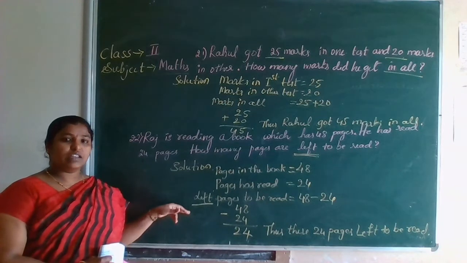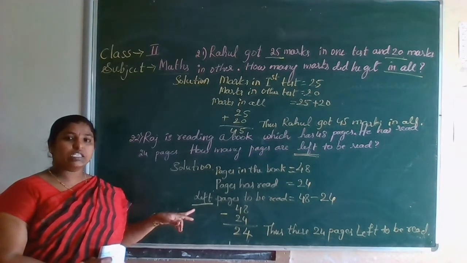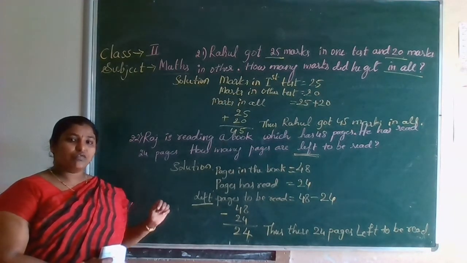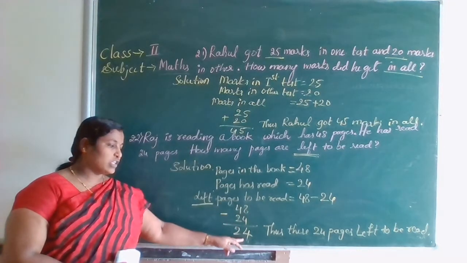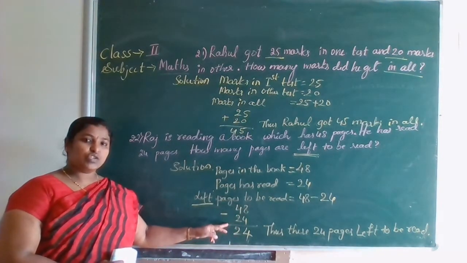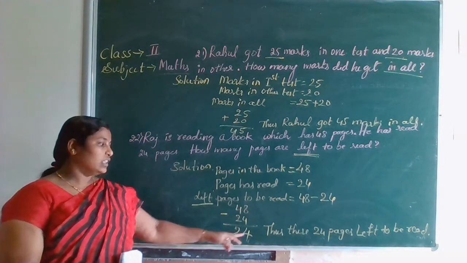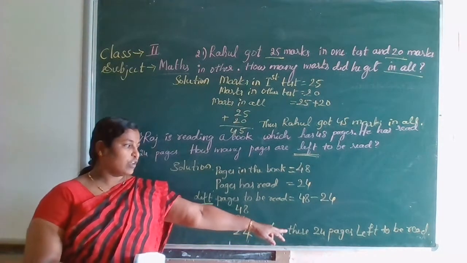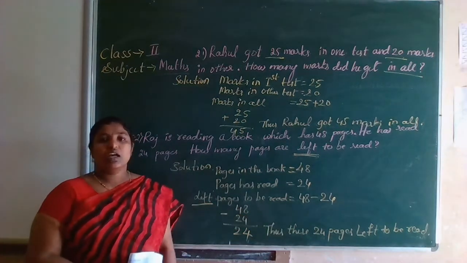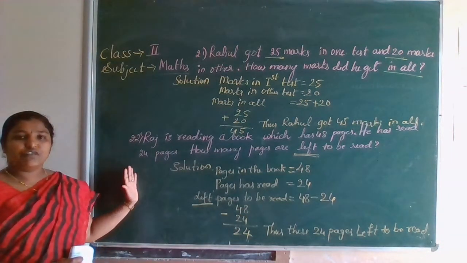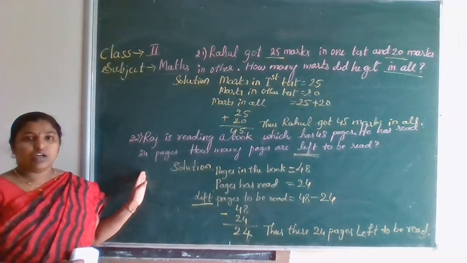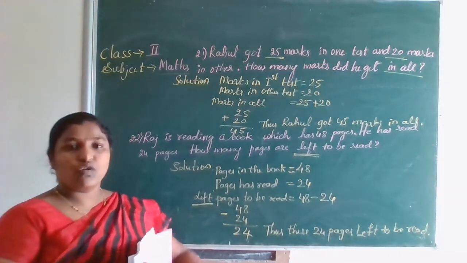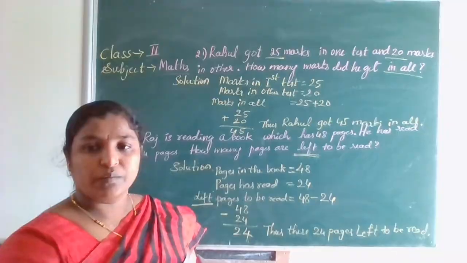To identify this, what we want to do is 48 minus 24. So 8 minus 4 is 4, then 4 minus 2 is 2, thus there are 24 pages left to be read. Got it? If you understand the question, then easily you can write the answer. Okay, next we will go for the next question.